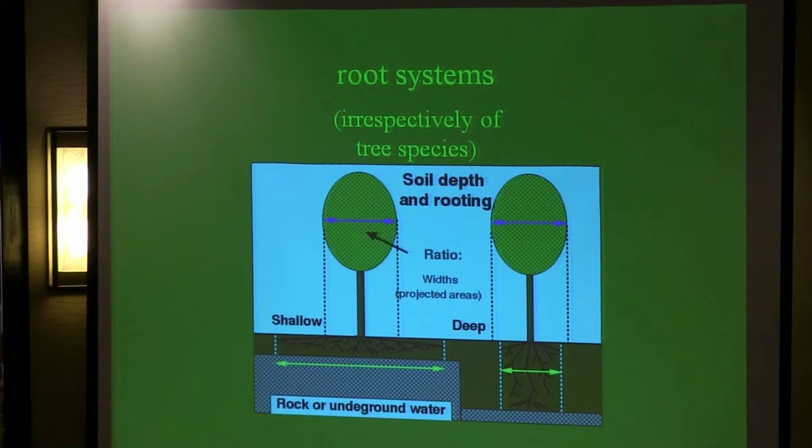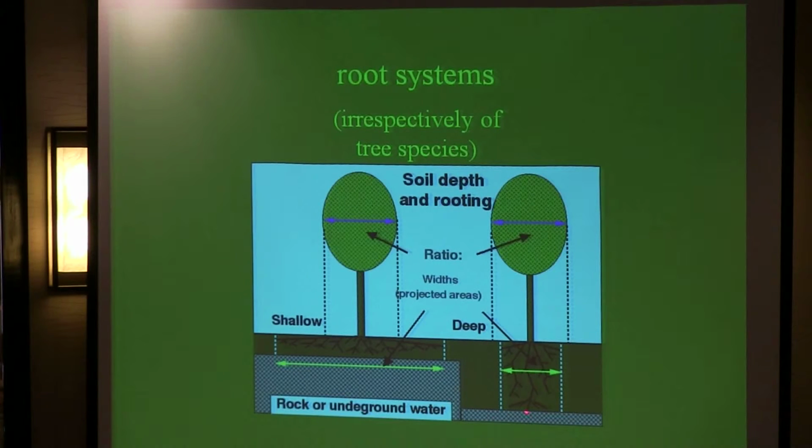Okay, in general, you can meet root systems which are adapted to two situations. Either you have shallow roots, shallow rooting depths, because you may have a rock here or some super saturated soil by water. So there is no oxygen, the roots cannot go there.